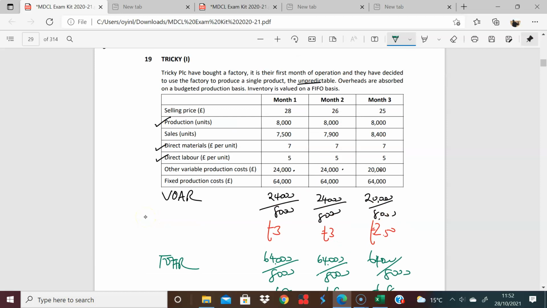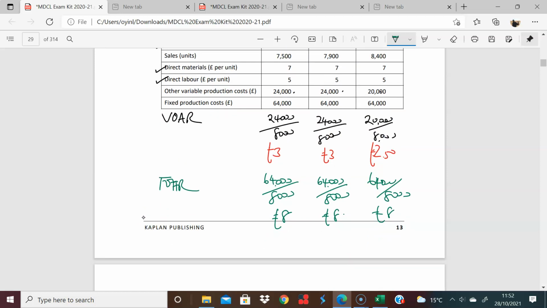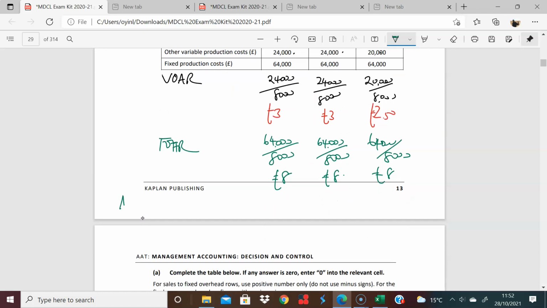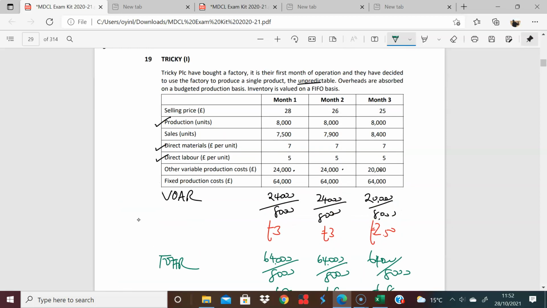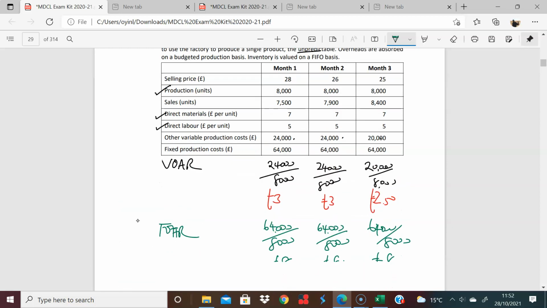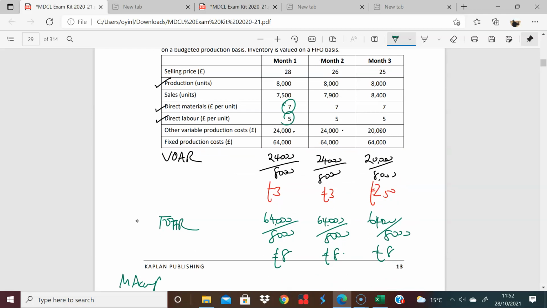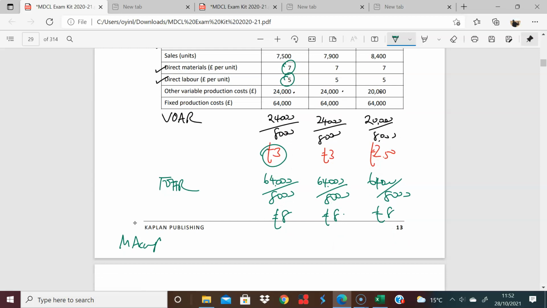So from a marginal accounting point of view, the variable cost of making a unit is the 7 plus the 5 plus the 3, and that is £15.